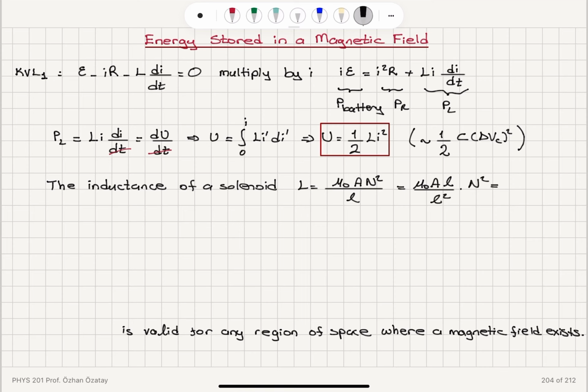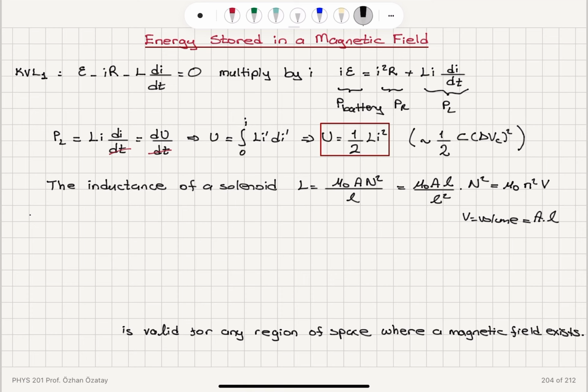So this is basically mu 0 n squared multiplied by V. So n is the number of turns per unit length, and V is the volume, which is the area A multiplied by the length L.